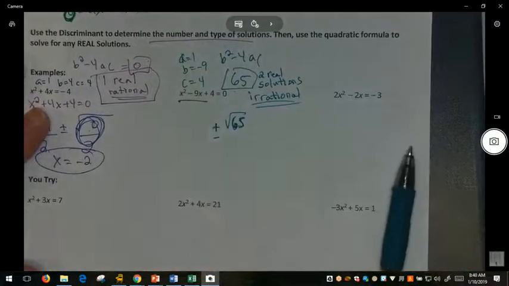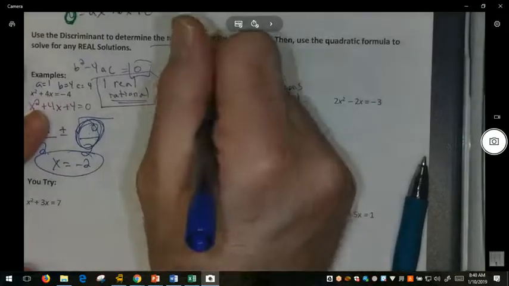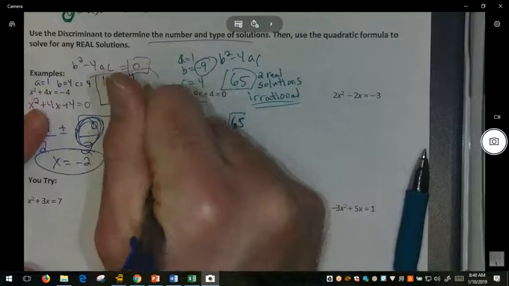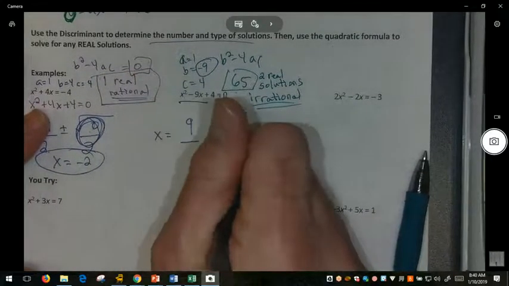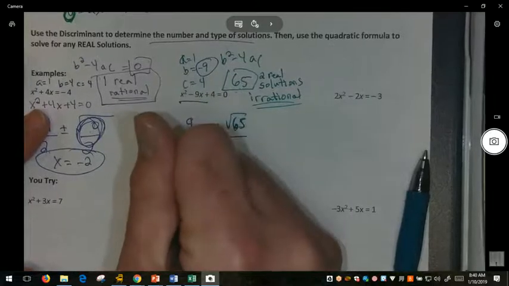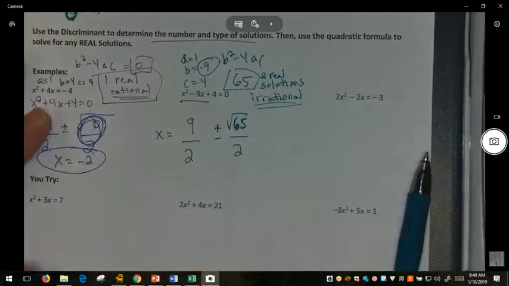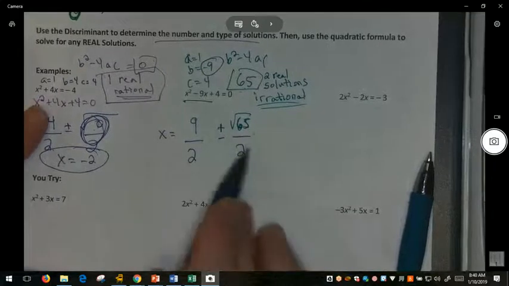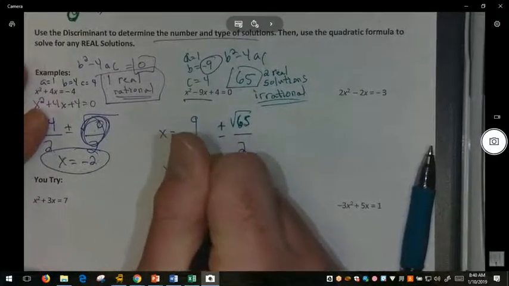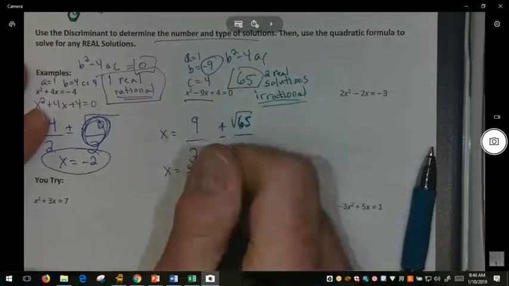Now I do the opposite of b. b is negative 9. So to do the opposite of b, I need positive 9. And these each have to go over 2 times a. a is 1. So that is 1. This gives me two different answers. This gives me 9 halves, or 4.5, plus square root of 65 over 2.